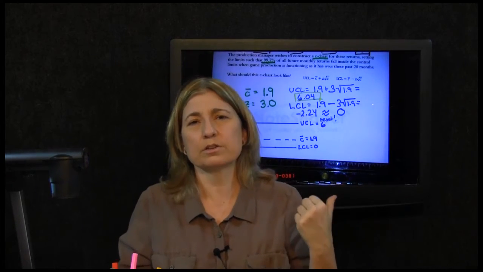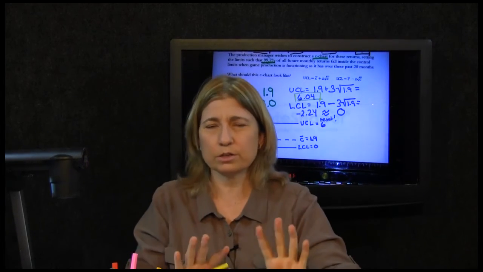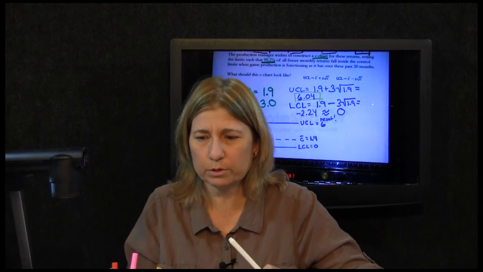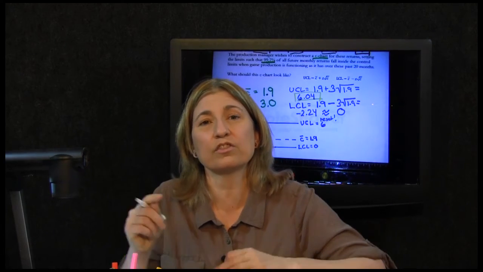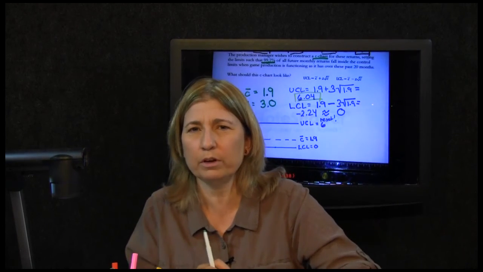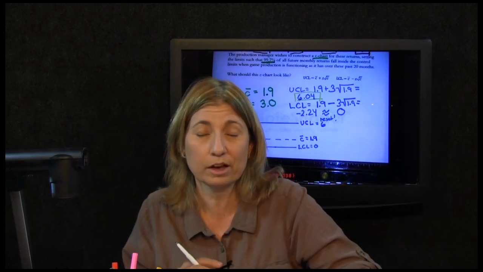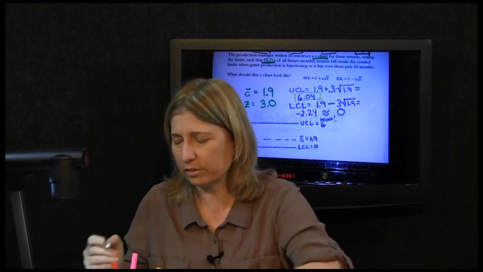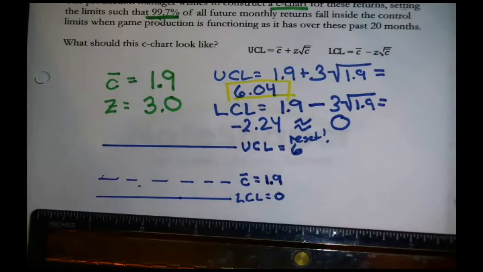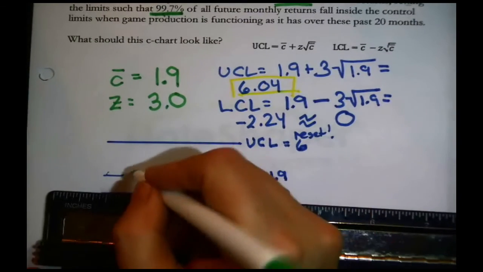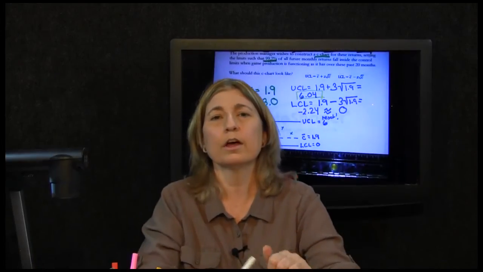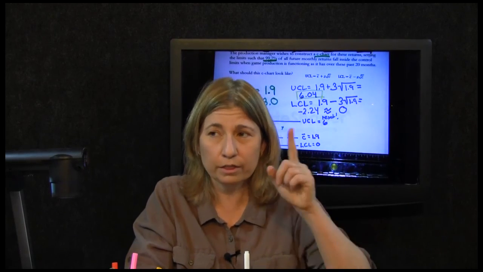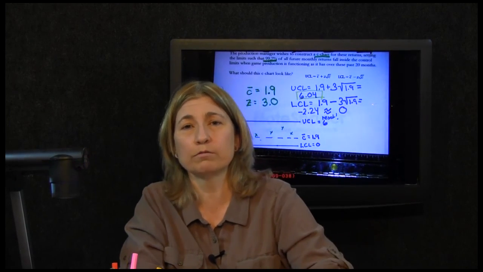Their real concern is whether it falls inside the limits, because that's okay, or whether it falls outside the limits, which just means, well, things just got a little bit out of hand. Well, it's either going to be a number like 5, 6, 7, or 8. What's the point of plotting the upper control limit at exactly 6.04? Oh, okay, but that's a bit of a judgment call. Anyway, there you go. We've drawn the chart, and in the future, month by month, that's where they would plot this month's number of returned games.